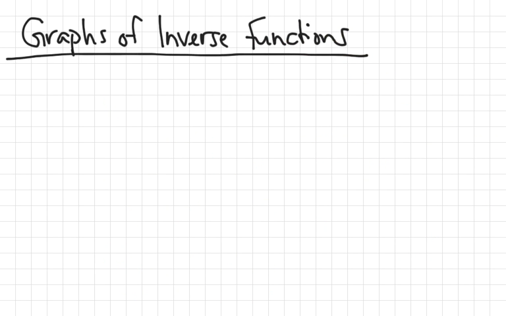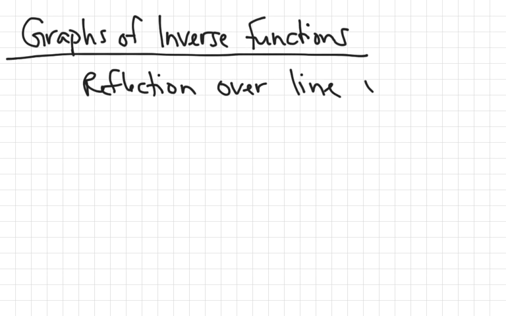Last but not least, when we did this in Algebra 1 and Algebra 2, we talked about the graph of an inverse function. The graph of an inverse function, very easy. It's the reflection over the line y equals x.